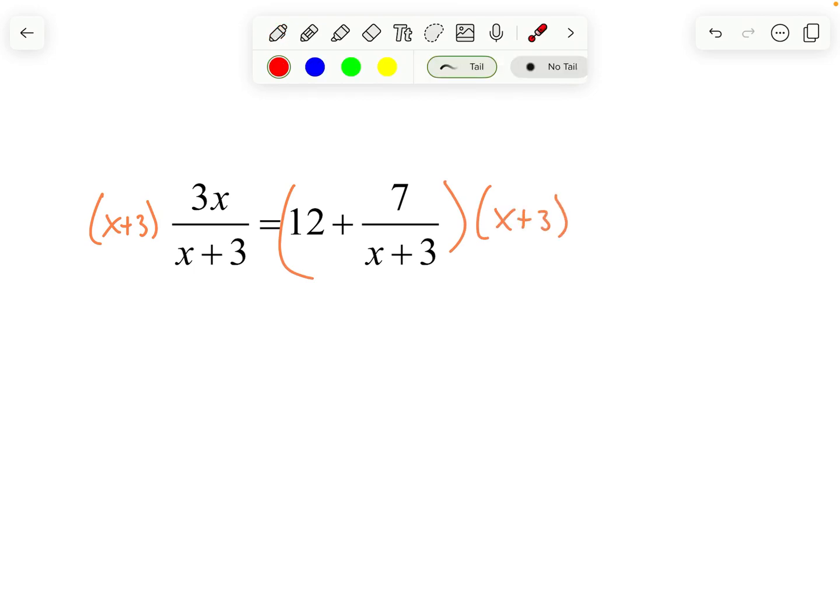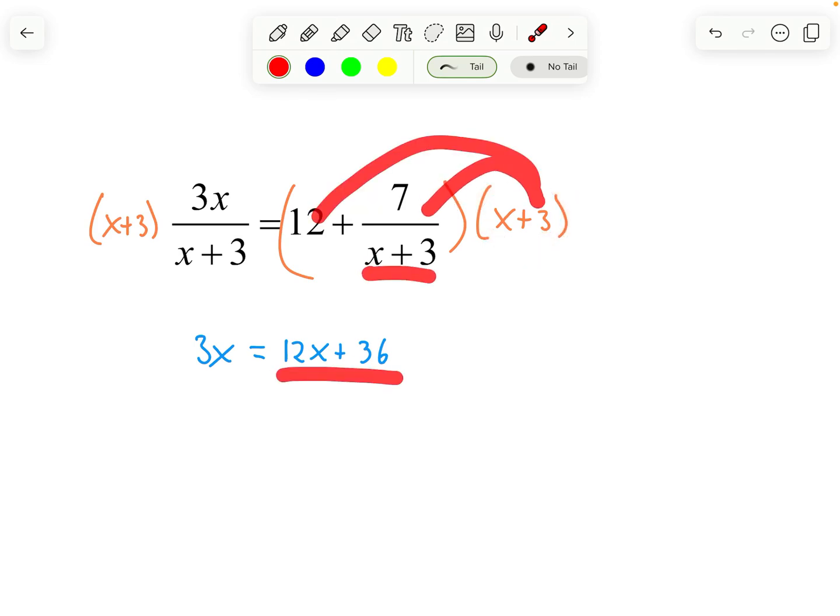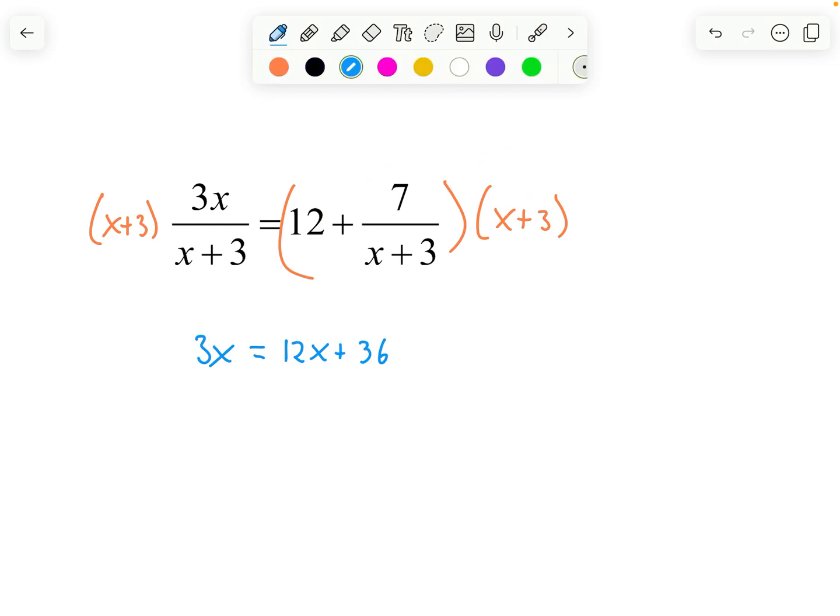If you do it this way, your denominators just cancel, leaving you with 3x on this side equals, now it's x plus 3 times 12, so that's 12x plus 36. And then these x plus 3's cancel because you're distributing this whole bubble. So it's x plus 3 times 12 is that. X plus 3 times this fraction, the x plus 3's cancel, leaving you with just 7.